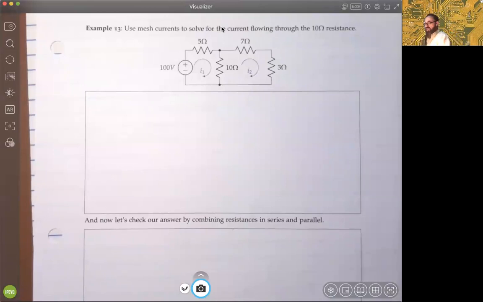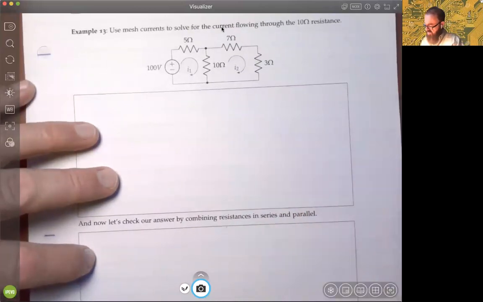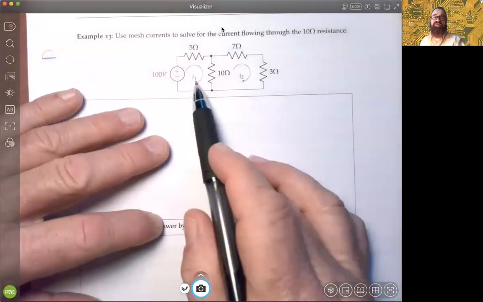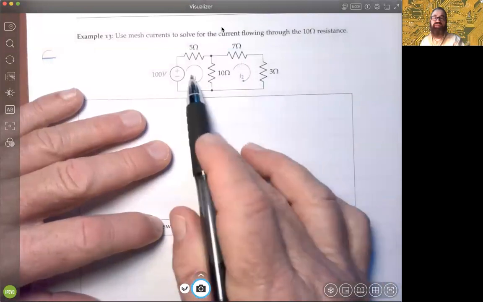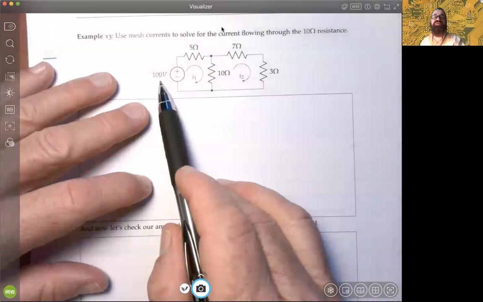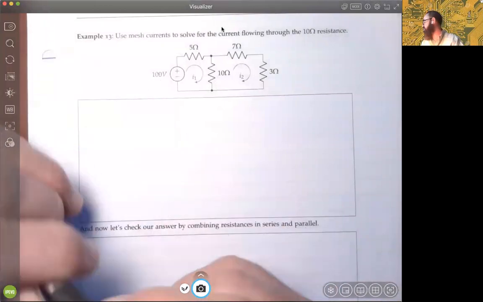So for this problem in 13, again, we're at the top of page 61, you have two meshes here, again, closed planar paths within the network, and you have one independent voltage source here of 100 volts, right?